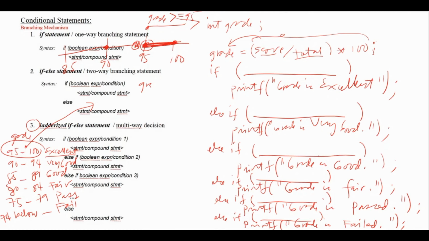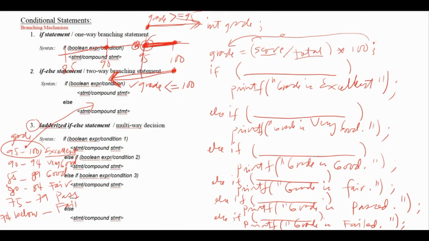While this one here, from 100 below, that is grade is less than or equal to 100, right? So this range of values is represented by that expression, and from 95 above is represented by grade greater or equal to 95.